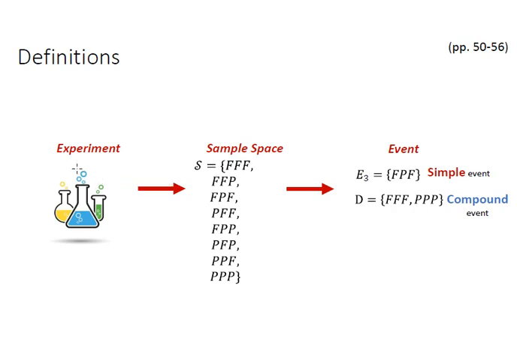Experiment is any action or process that its outcome is not known in advance, but we know about all the possible outcomes of the experiments as a sample space of experiment, and you know about the event, any subset of sample space. If it has one element, it's called a simple event, or if it has more than one element, it's called a compound event.